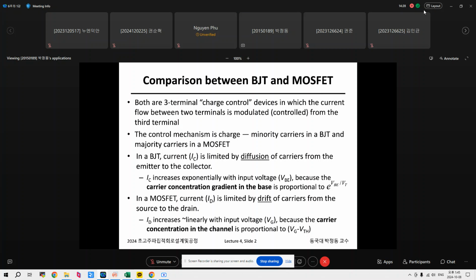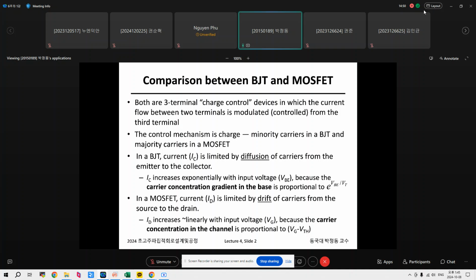Okay, so since the minority carrier changes exponentially depending on the forward bias voltage, right? If you take a derivative on the exponential, then it's also exponential, right?